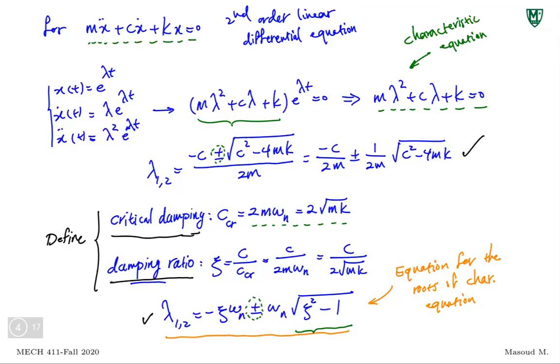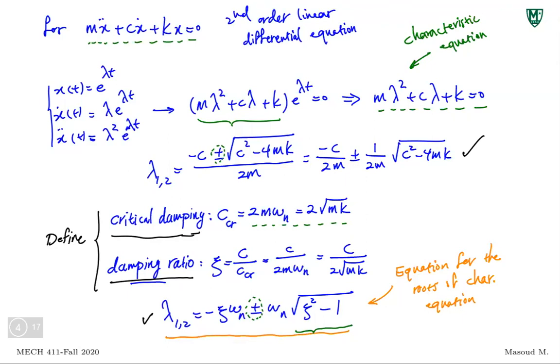So we have three cases. Zeta squared minus 1 can be smaller than 0, which gives us a negative number under the square root, so lambda 1 and 2, the roots, become complex numbers. Zeta squared minus 1 can be 0, or it can be greater than 0, in which case both roots are real valued numbers.